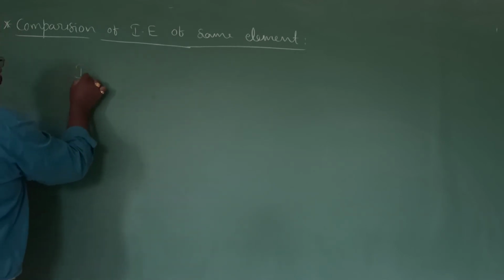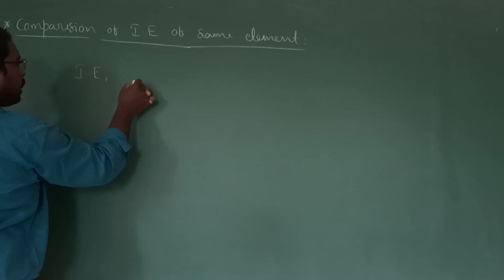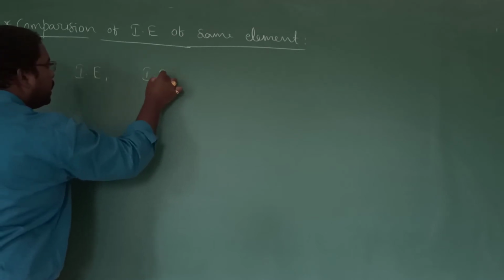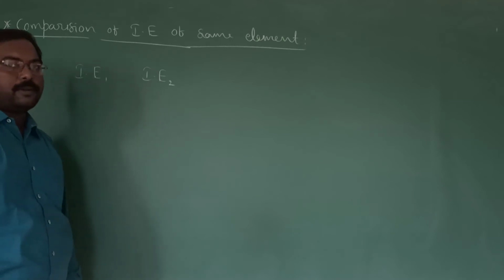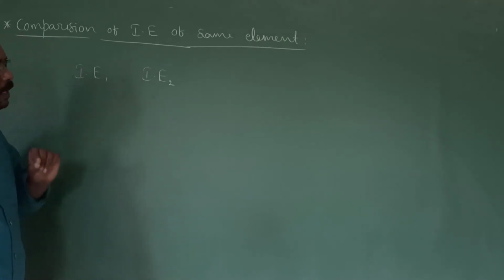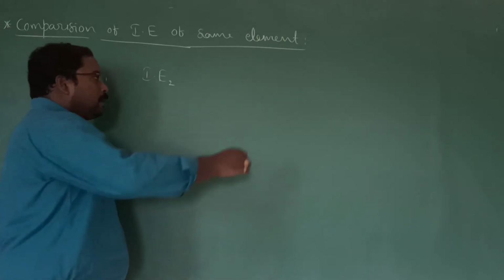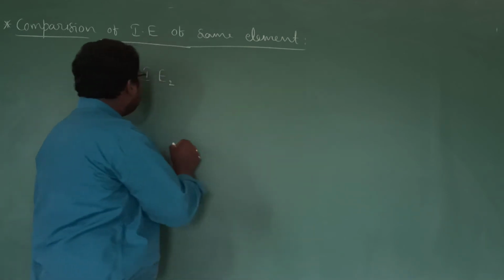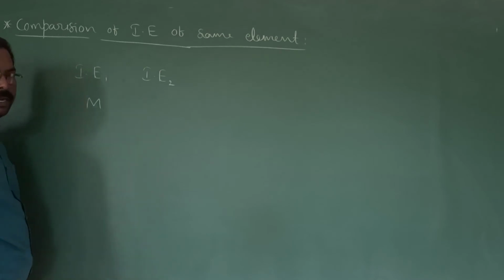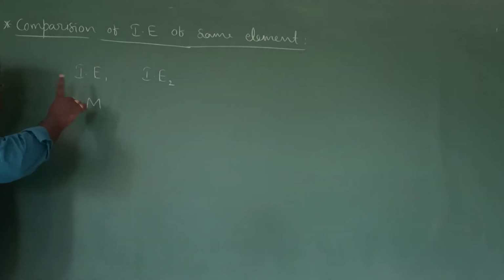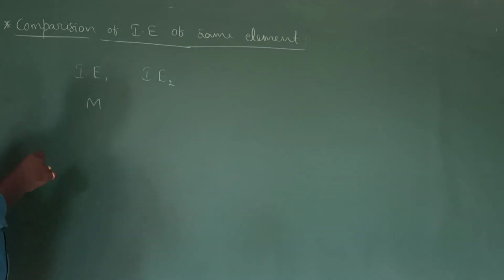Like the comparison between the first ionization energy and the second ionization energy. Let us observe, it is a very easy thing. First ionization energy corresponds to which one? To the element, or the atom, or a neutral one.